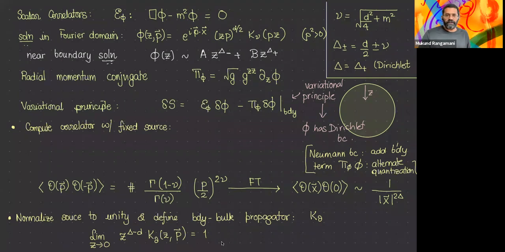Okay, so I won't belabor the point, but in a smaller range of masses, one is allowed to use Neumann boundary conditions, but then the conformal dimension of the operator is different. It's not delta plus, it's delta minus.